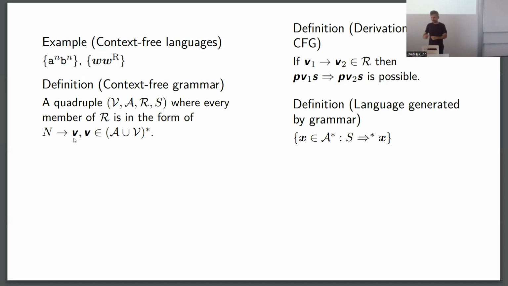How does this generate anything? We basically generate some sentential forms, some intermediate strings, and whenever there is a non-terminal in that intermediate string, we can replace that non-terminal with the right-hand side of the rule where the non-terminal is on the left-hand side. This way, iteratively, we can generate strings. The string we consider to be generated is only such a string which doesn't contain any non-terminal.